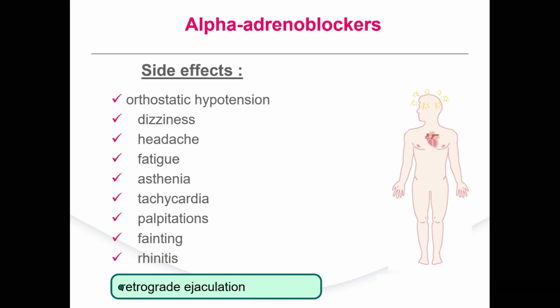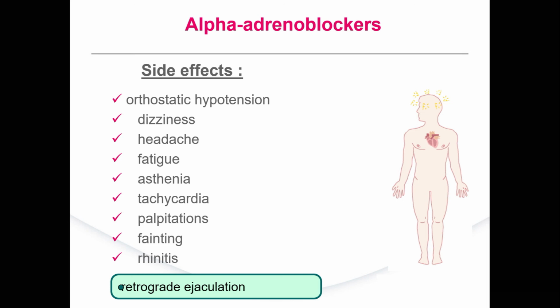The alpha blockers have their own side effects like orthostatic hypotension, dizziness, headache, fatigue, asthenia, tachycardia, palpitations, fainting, and rhinitis. And the most important side effect, and scary for males, is retrograde ejaculation.